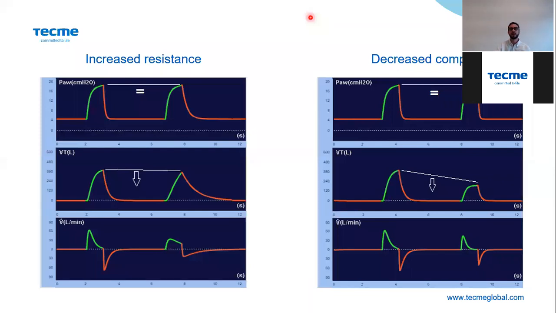So here it's important to set correctly the minimum tidal volume. Why? Because you need to deliver a certain tidal volume in order to achieve a certain minute volume, in order to guarantee ventilation.